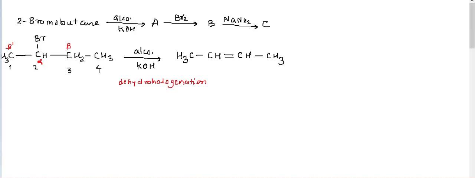Now if we add Br2 to this, we get CH3, CHBr, CHBr and CH3. So we have simply added bromine to this carbon-carbon double bond.